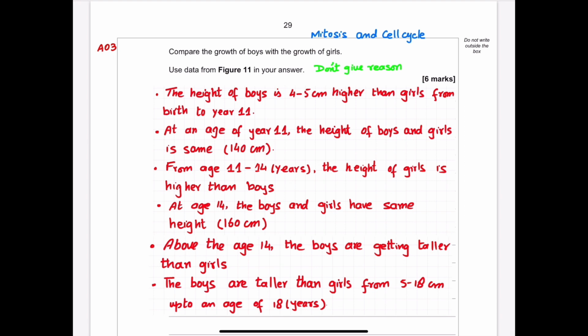At the age of 14, the boys and the girls have the same height, that is 160 centimeter, and students can use figure number 11. Above the age of 14, boys are getting taller than the girls, by a height of 5 to 18 centimeter up to the age of 18.